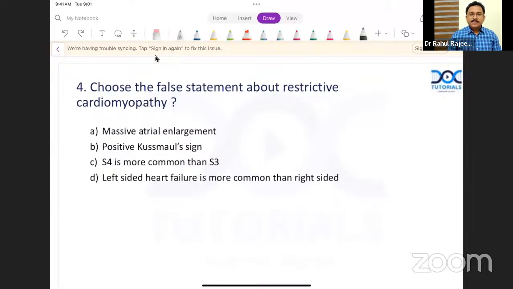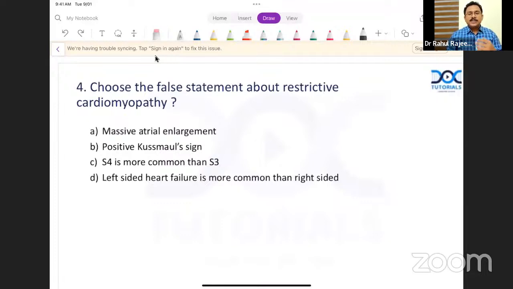The first one says massive atrial enlargement. Now, this is actually a true statement, because in restrictive cardiomyopathy, for example amyloidosis, the material is deposited mainly in the ventricles, and the atria will try to contract against the stiff, non-compliant ventricles.